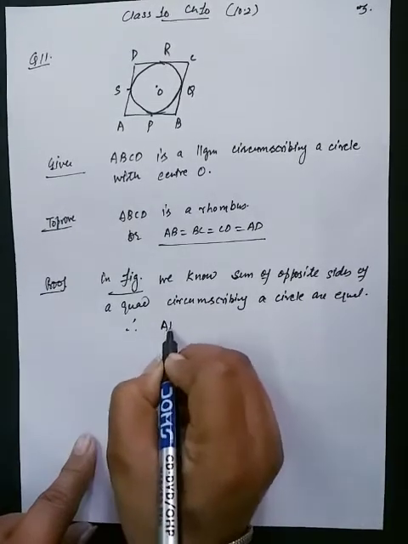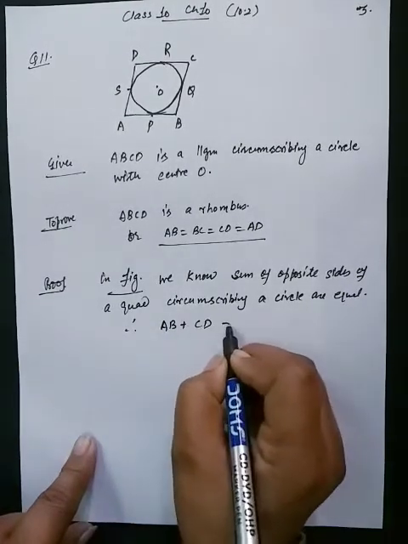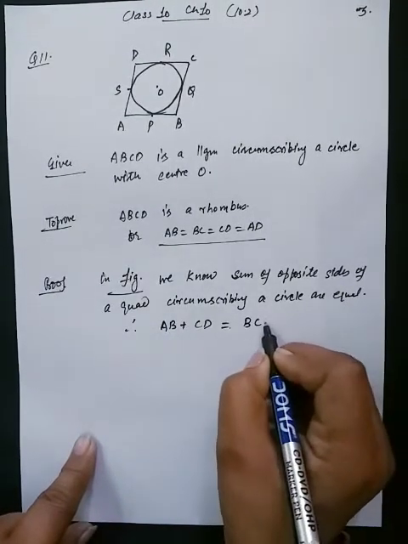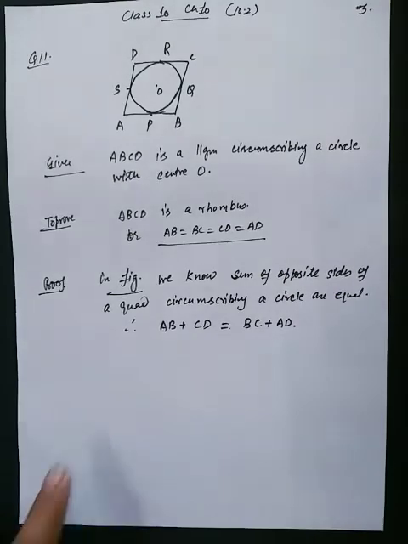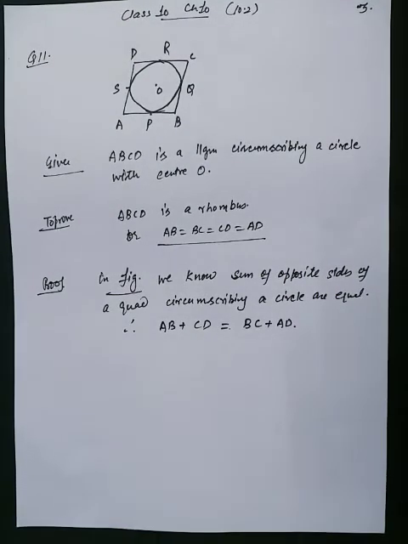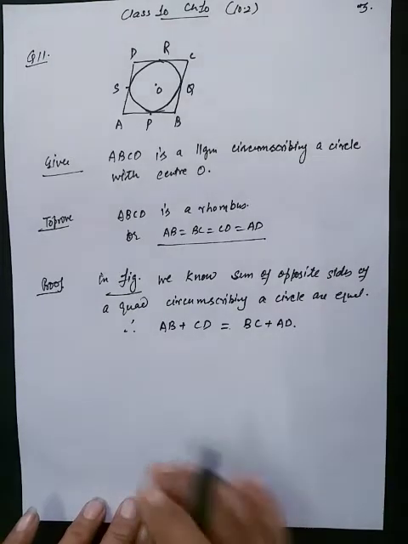So therefore AB plus CD will be equal to BC plus AD. This result was already proved by us in our previous questions. So in question 8 we have proved this result.